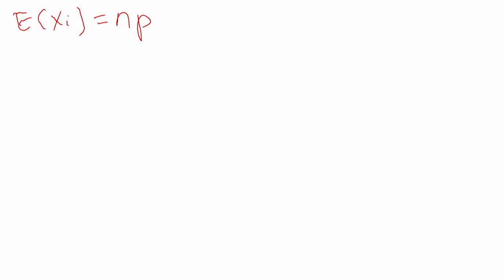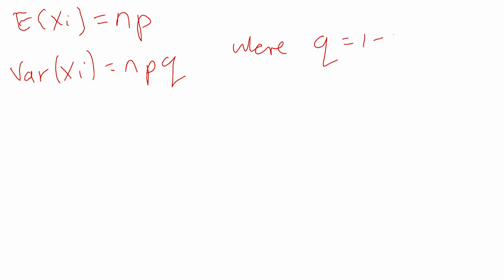Which is n is the sample that you're given and p is the probability of success. Variance is npq, where q is equal to 1 minus the probability of success, right? This is what you need to understand under binomial distribution.